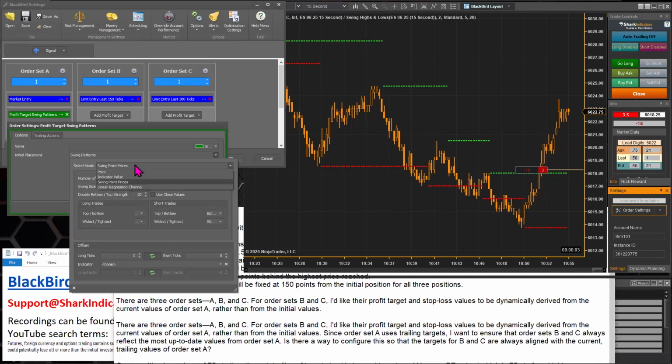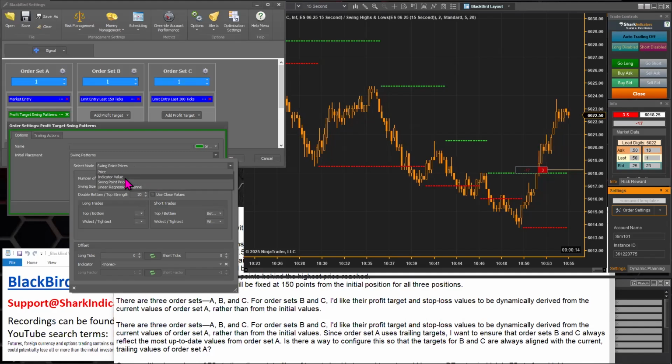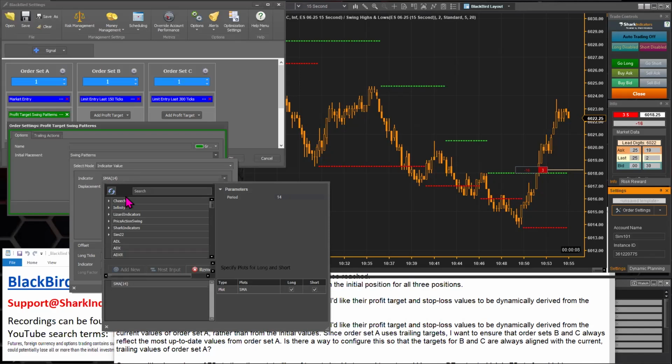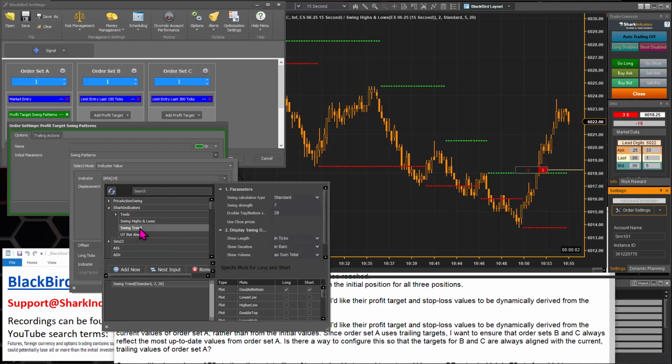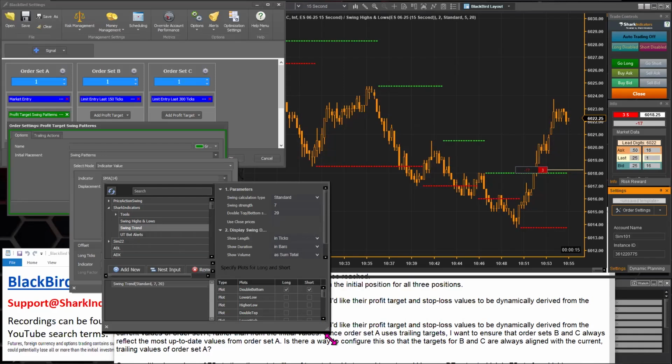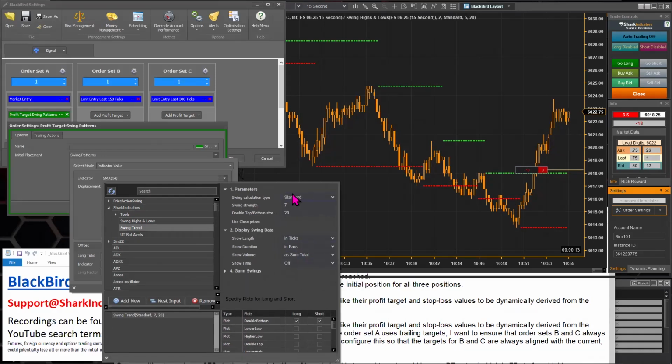So I'm actually just going to change this to indicator value. There, indicator value. And now I can open up the indicator and select the swing trend here. And this interface, I think most people are comfortable with, right?